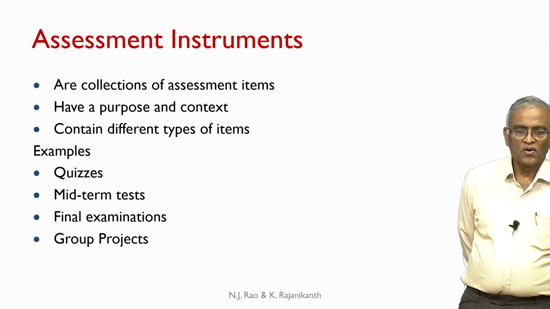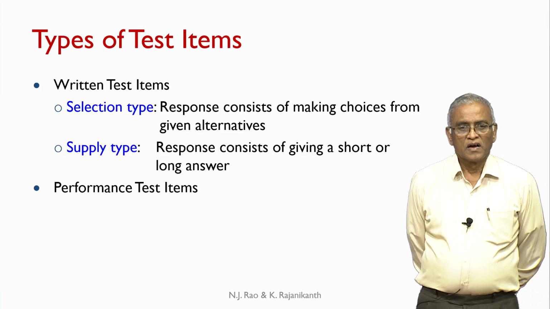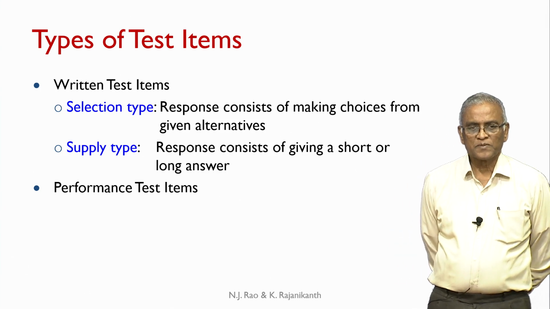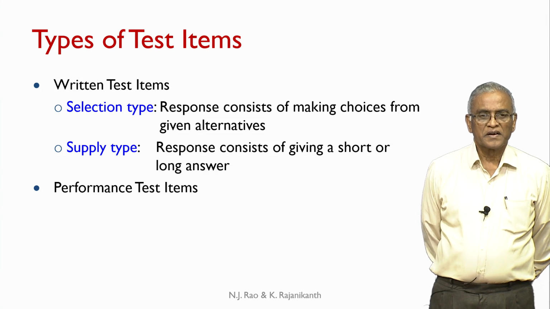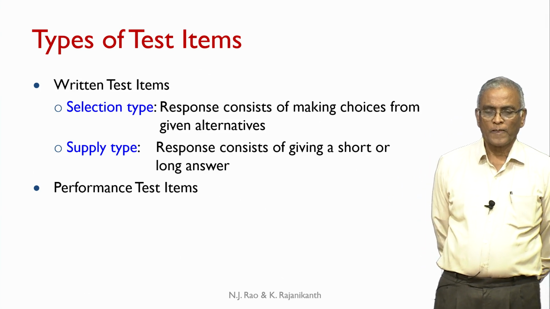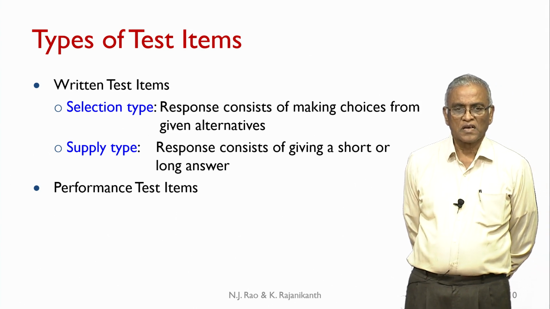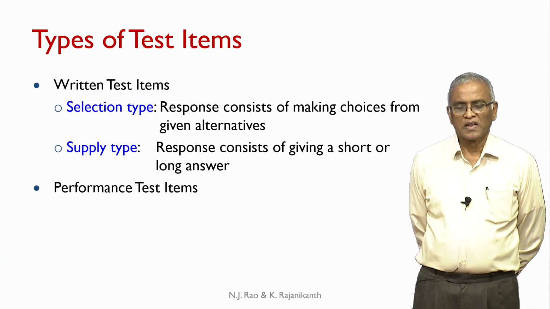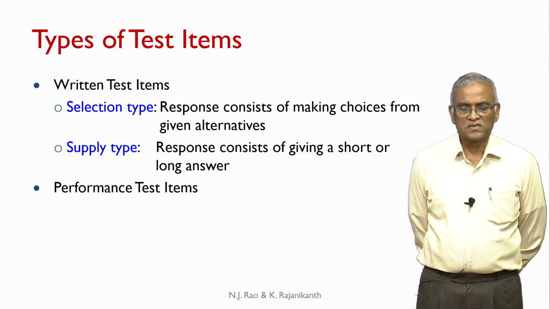Now, the types of test items are broadly classified into two categories: written test items and performance test items. In performance, you are doing something by yourself in a laboratory or in the field, or making presentations and so on.